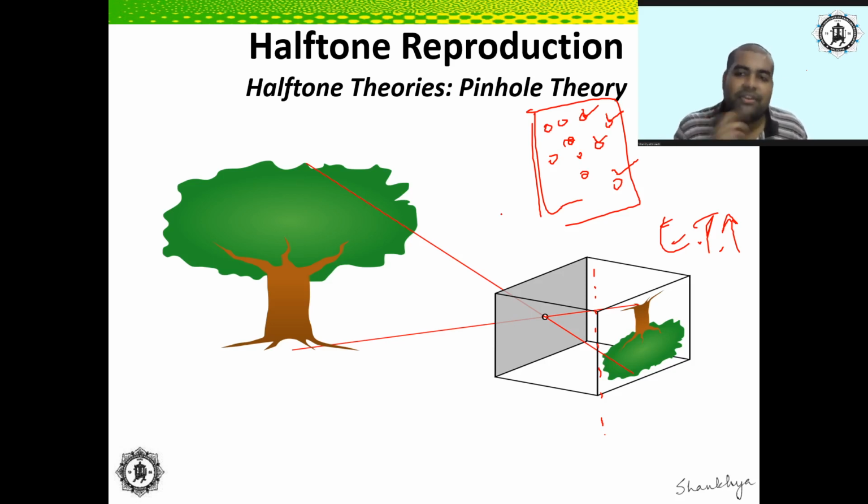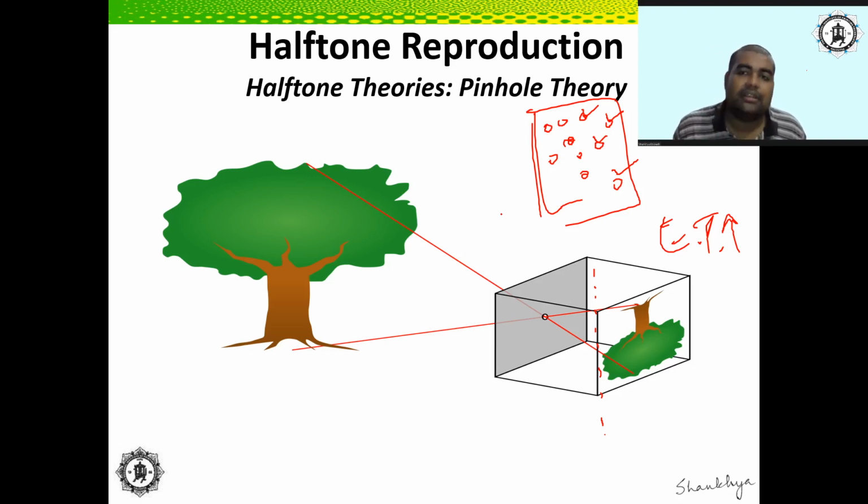There will be dot gain in the halftone image, the film that you are duplicating. That is why pinhole theory is not really sufficient to explain the reason why there is dot gain during halftone photography. We need some other theory to explain the reason behind why dot gain occurs.